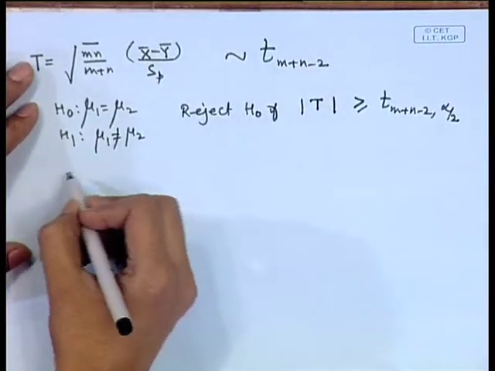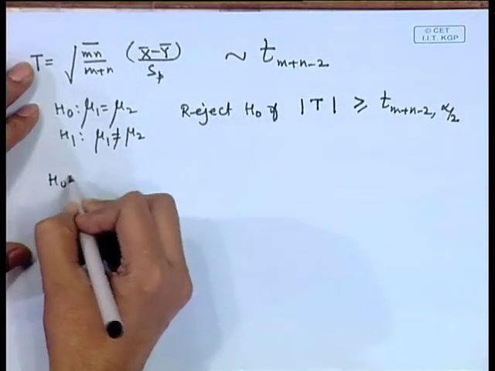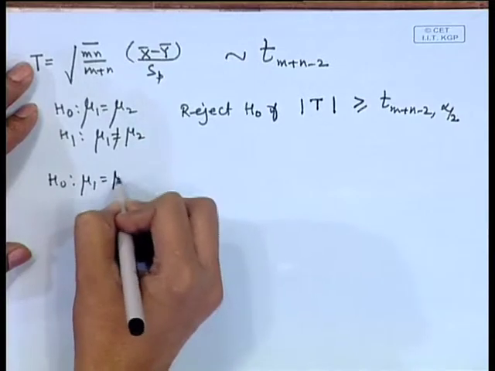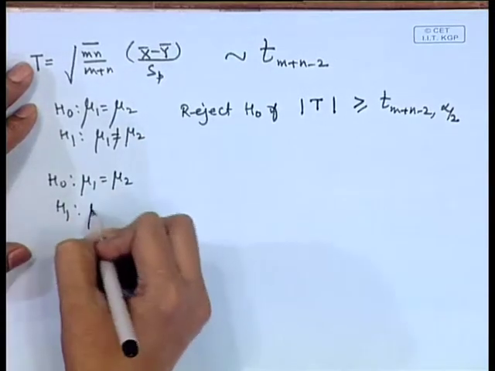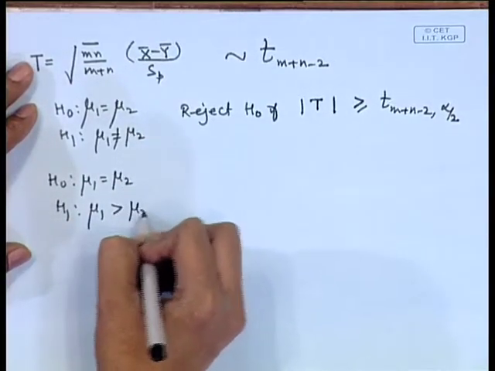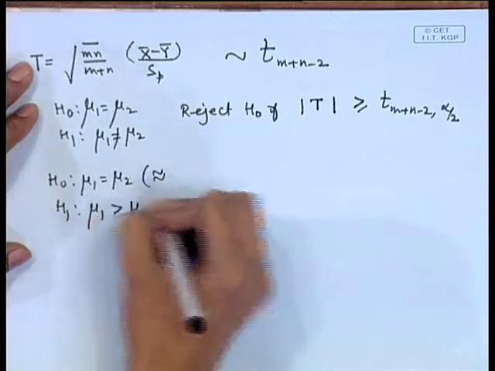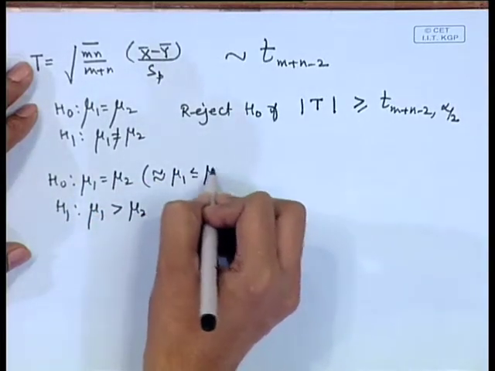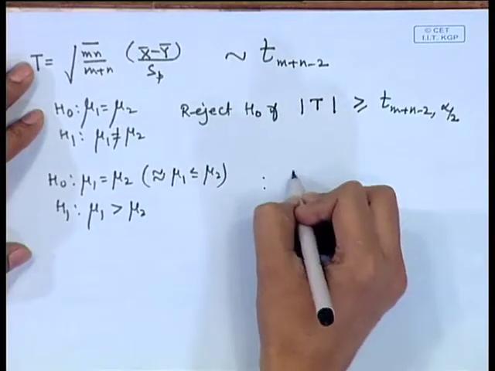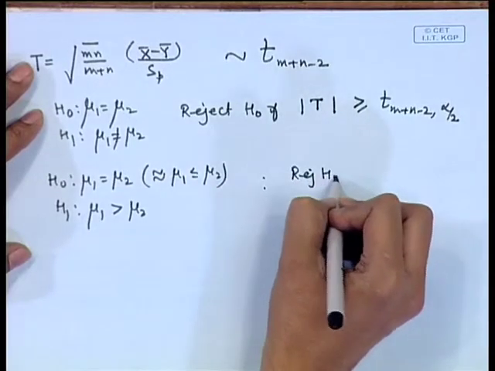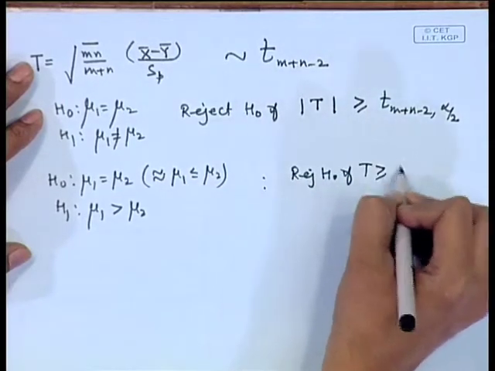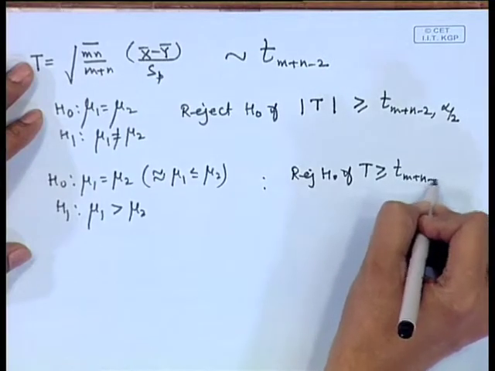If we have one sided alternatives, for example, mu 1 is equal to mu 2 against say mu 1 is greater than mu 2, of course, this null hypothesis can also be replaced by mu 1 less than or equal to mu 2, we will have the test: reject H naught if t is greater than or equal to t_{m plus n minus 2, alpha}.